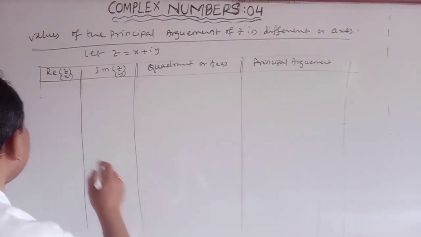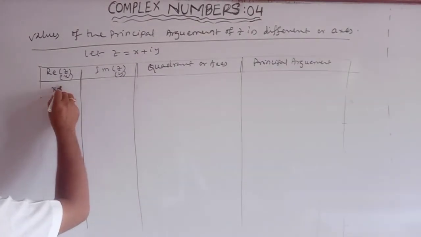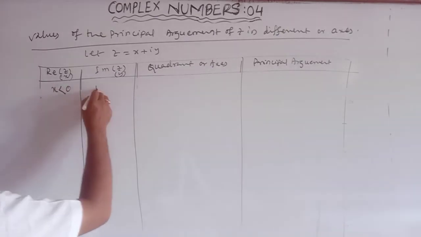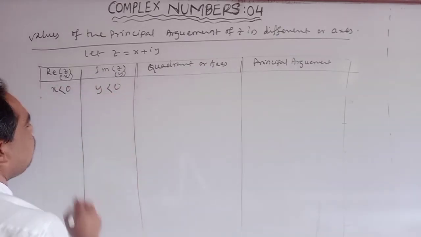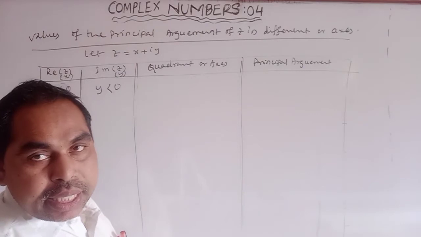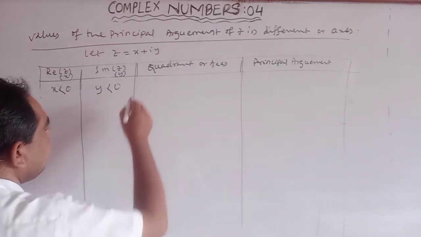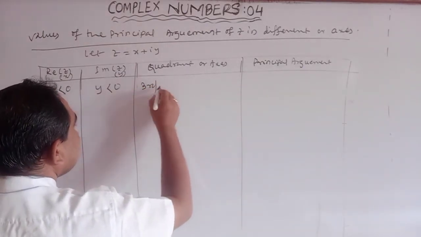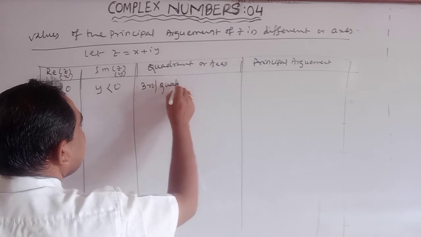Next, x less than 0, y less than 0. Means x negative, y negative, lies in the third quadrant.